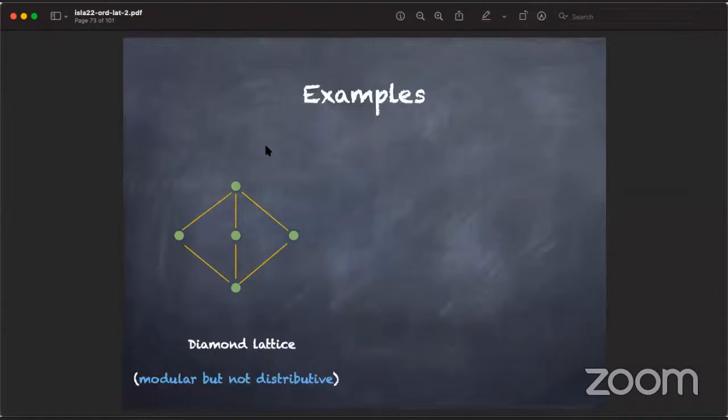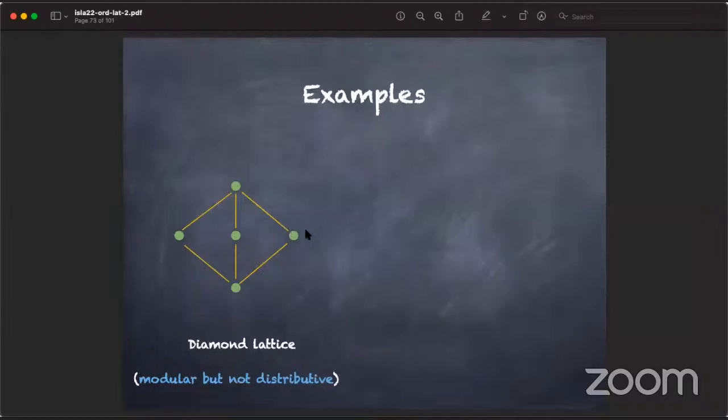Are you all with me? Yes, ma'am. So this is the structure of all the normal subgroups of Klein's four group, which is modular. So we can easily say that the diamond lattice is modular. Now, can you show that it is not distributive?